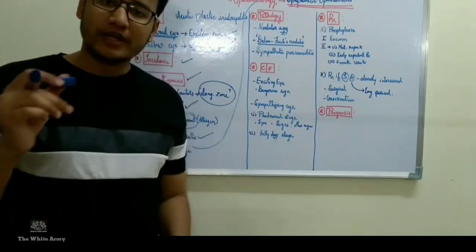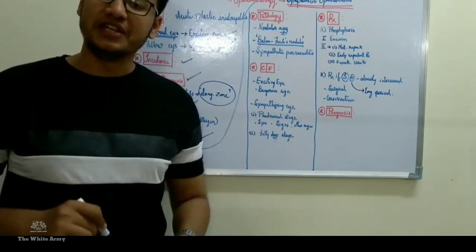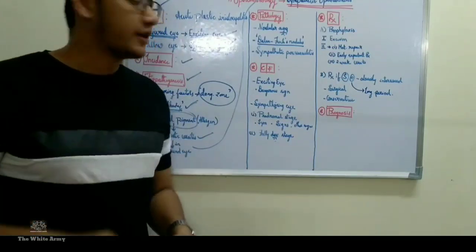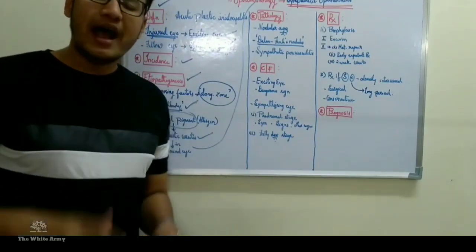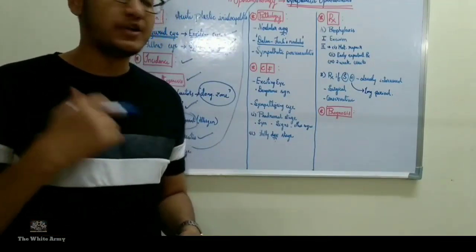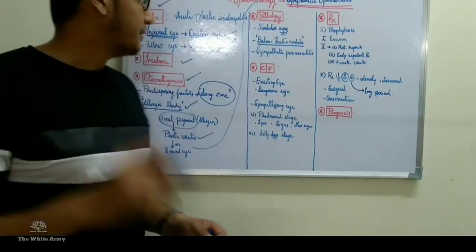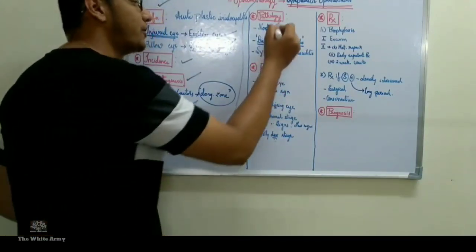Now the important thing while discussing this topic is the pathology involved in sympathetic ophthalmitis. As I said, it is a bilateral granulomatous panuveitis. By understanding these words, we can guess the pathology: nodular aggregation.